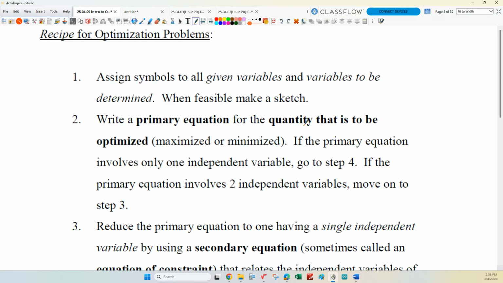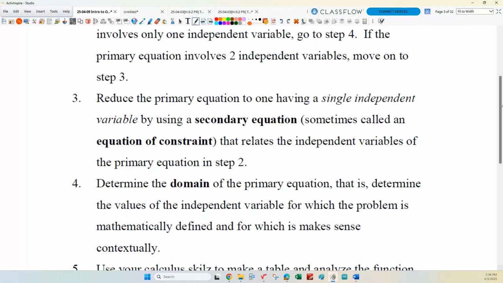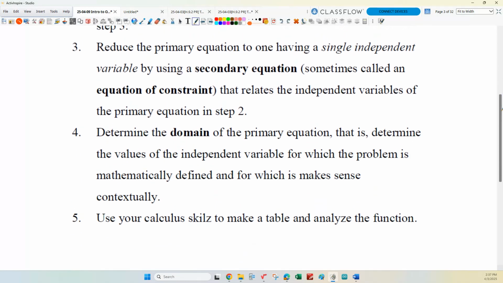If the primary function only has one independent variable, we're good. We just do calculus. If it doesn't, then we have to come up with a secondary equation and make a substitution so we can turn this into a function of a single variable, right? The secondary equation is always going to come from the constraint, whatever's keeping this from being non-infinite or non-zero if we're trying to minimize something. Then we plug that back in, turning this into a primary function of a single variable.